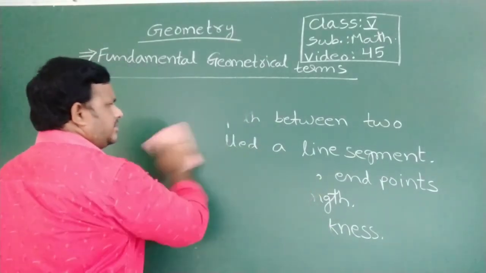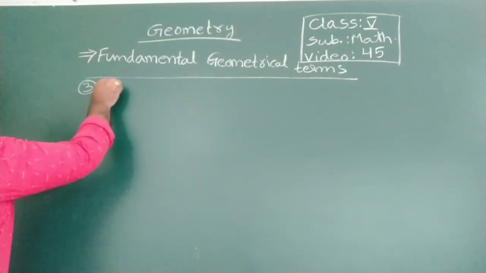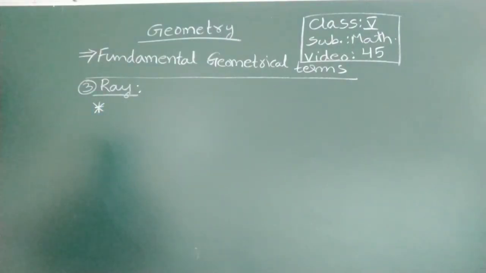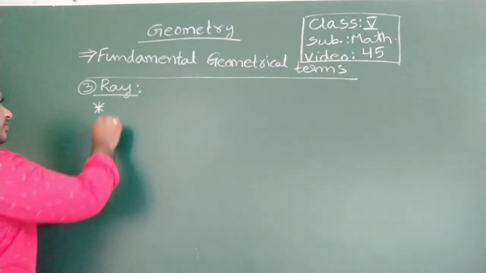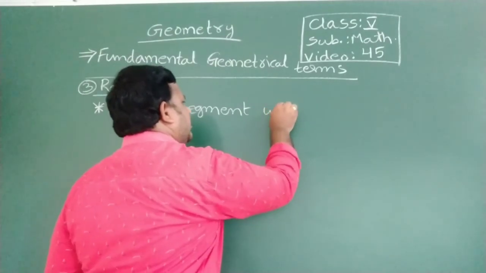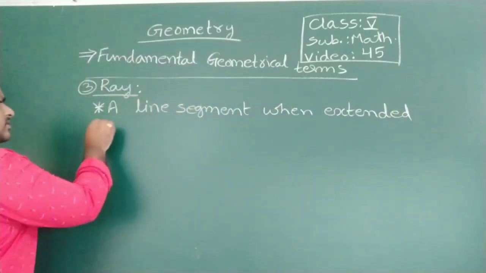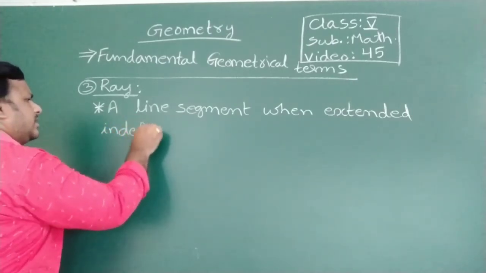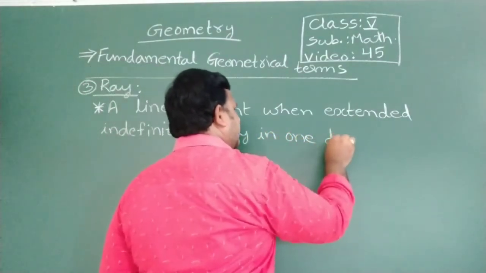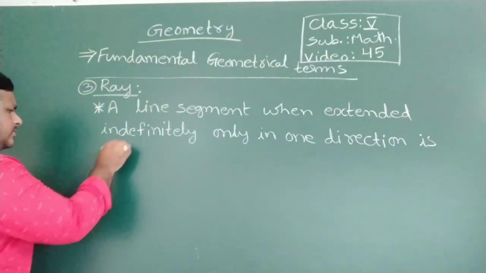Next, third one is ray. What is that? Ray. In this, first point, a line segment when extended indefinitely only in one direction is called a ray.